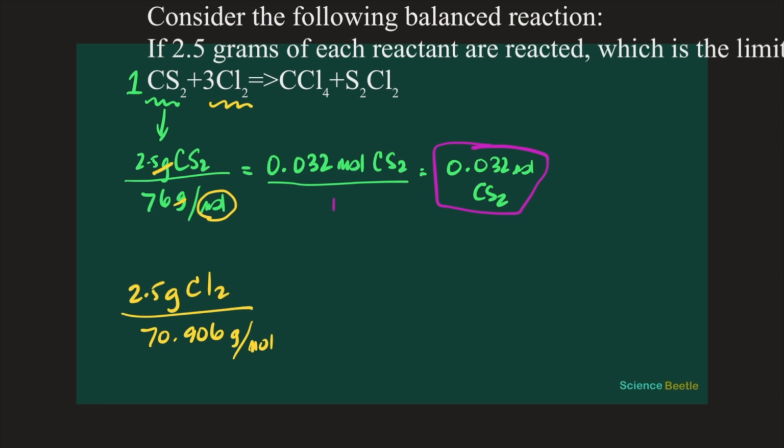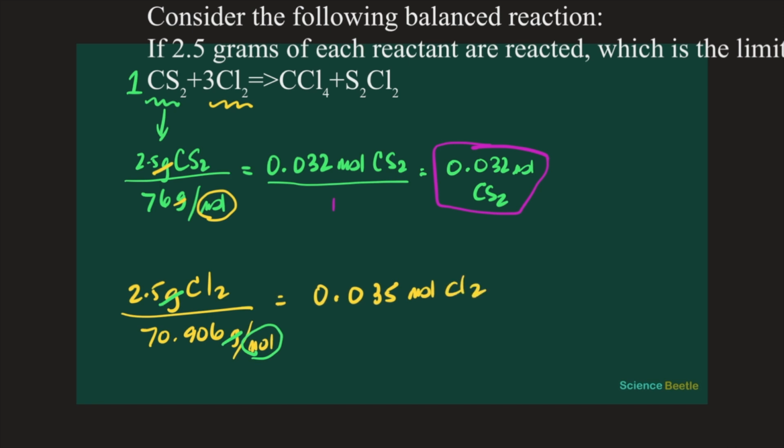And what you're going to find here is the grams is going to cancel with the grams, leaving you the unit of moles. And in this particular case, if I take that 2.5 and I divide it by the 70.906, that's going to wind up giving me a value of 0.035 moles of Cl2.